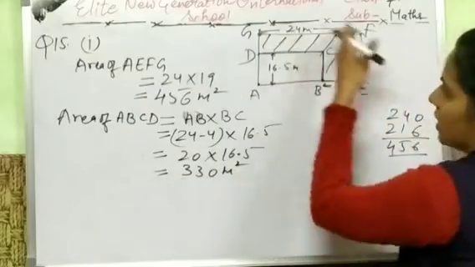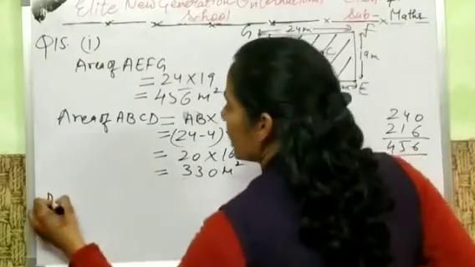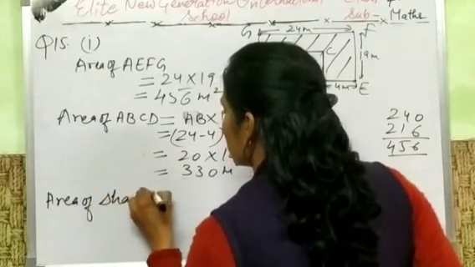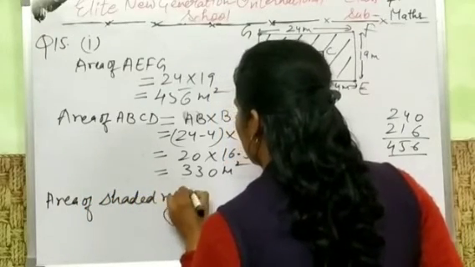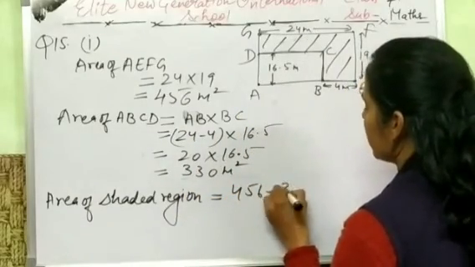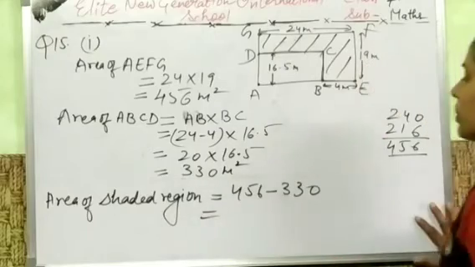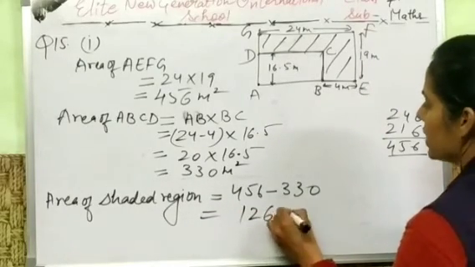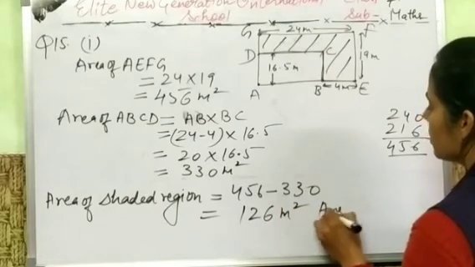Now we can easily find the area of the shaded region. Area of the shaded region is equal to 456 minus 330. When we subtract it, we'll get here 126 meters square. This is our answer.